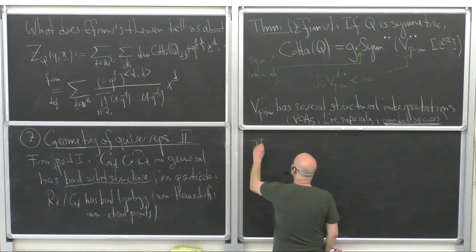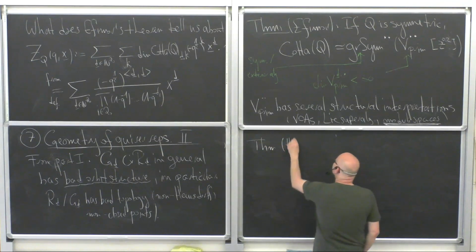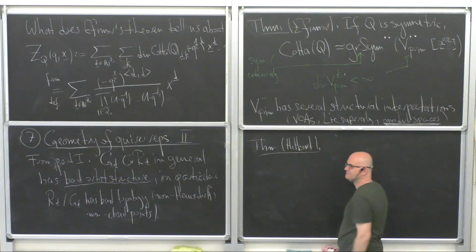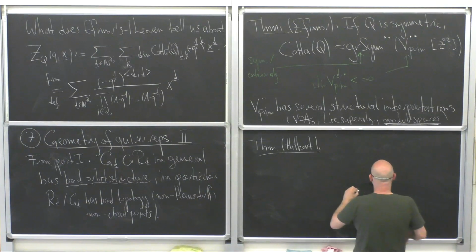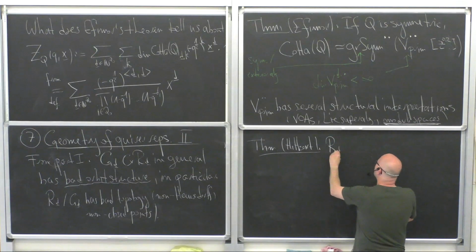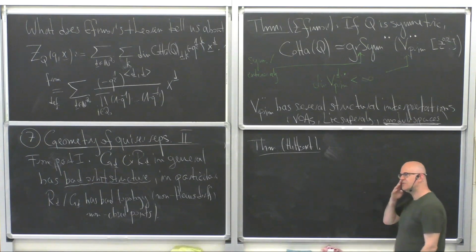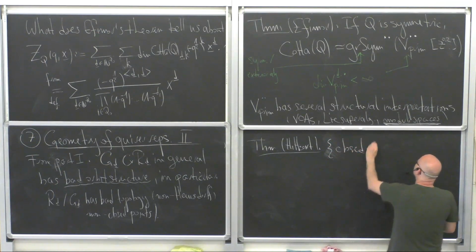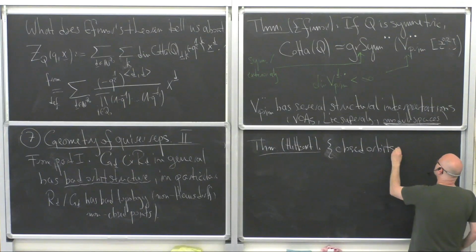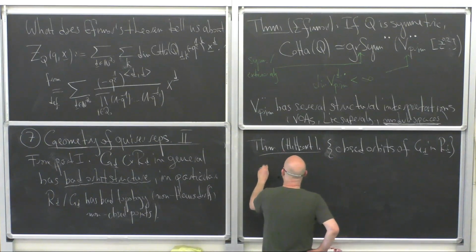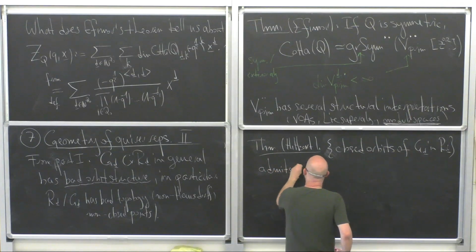So, theorem, and this is essentially really Hilbert from 1900. If I take RD, the set of closed orbits of GD in RD admits the structure.